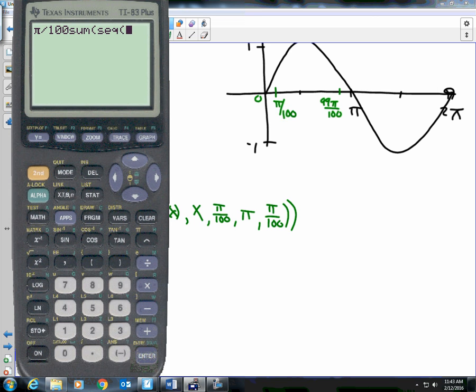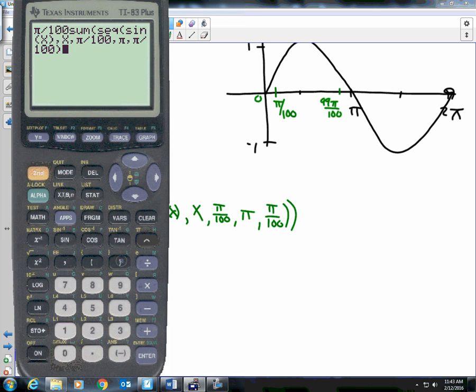Now what? Sine of x, make sure that you close your parenthesis. What do you notice I have written after the sine of x? A comma. Then pi, then pi over 100.